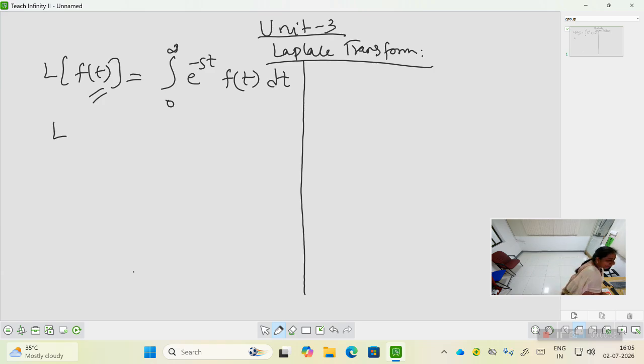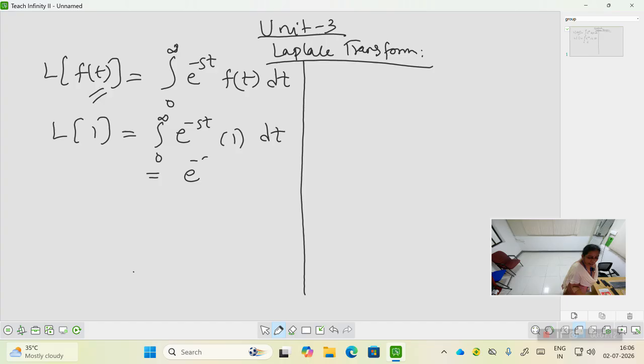Now what is Laplace of 1? So 0 to infinity, our function is the unit function, f of t is 1. So e power minus st into 1 into dt. Now what is the integration of e power minus st? E power minus st by minus s, from 0 to infinity.